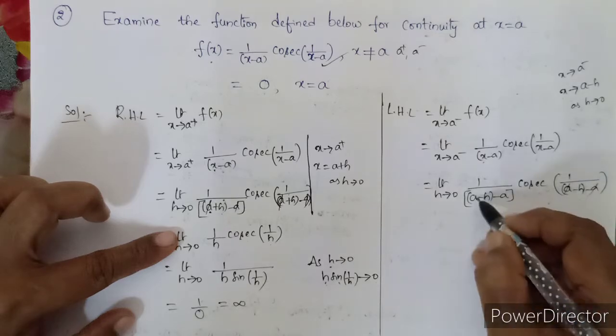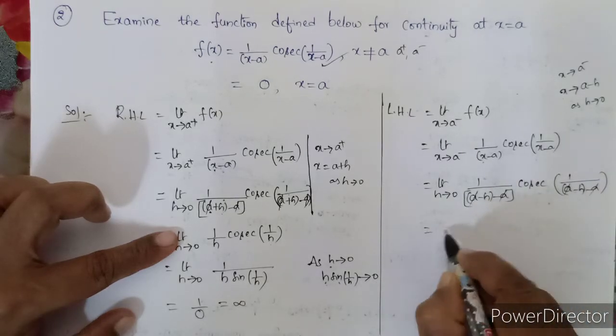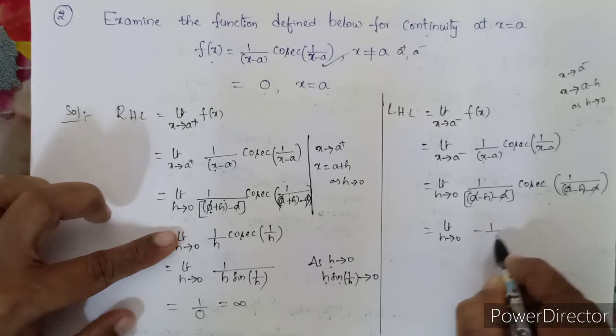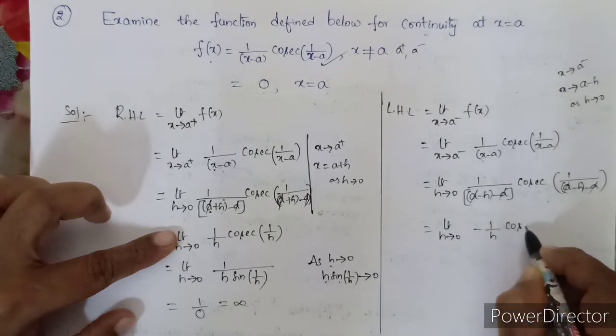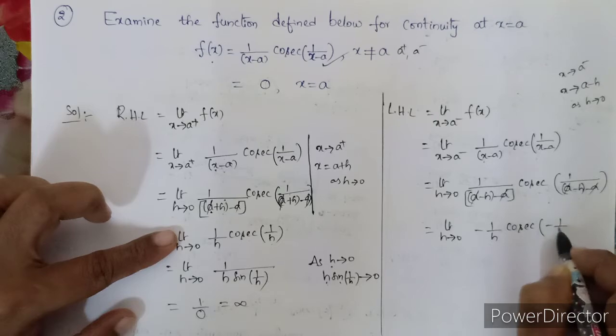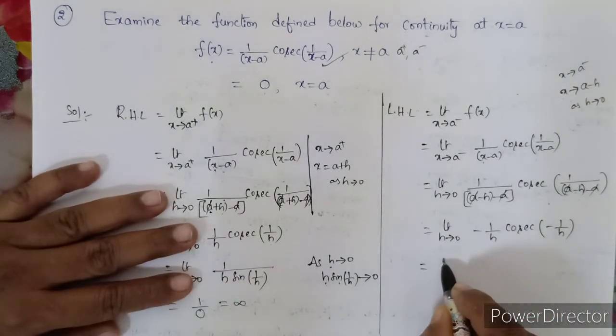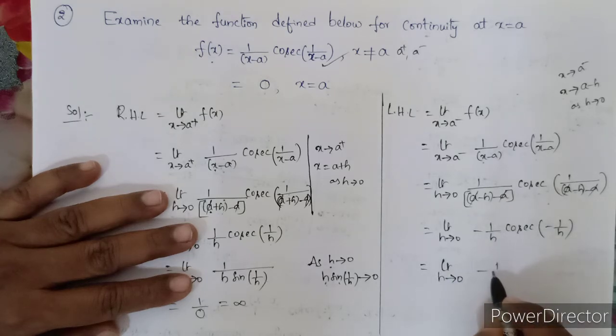Cancel a. Limit h tends to 0, minus 1 by h, cosecant of minus 1 by h. Limit h tends to 0, minus 1 by h into sine of minus 1 by h.